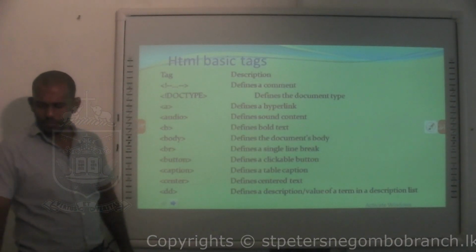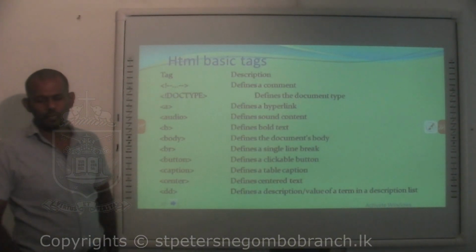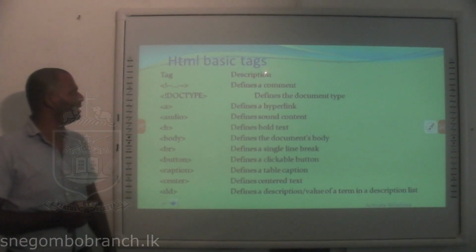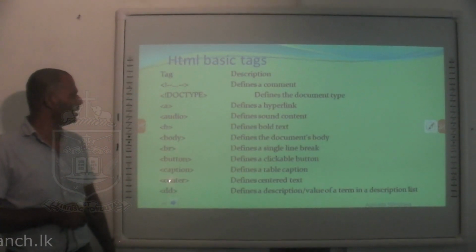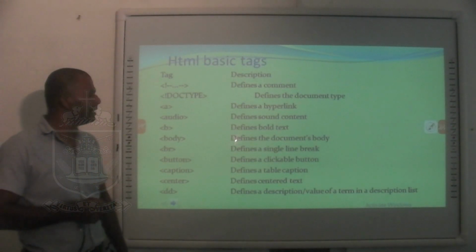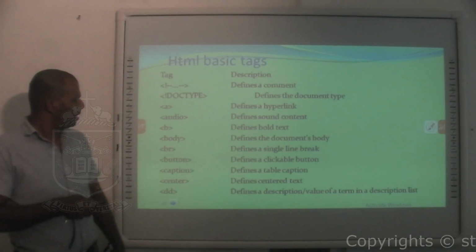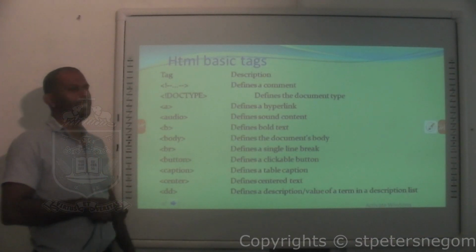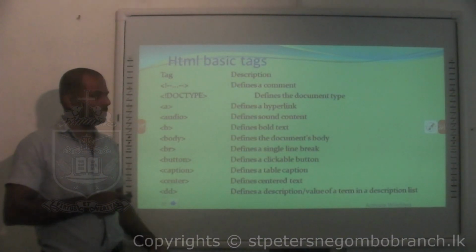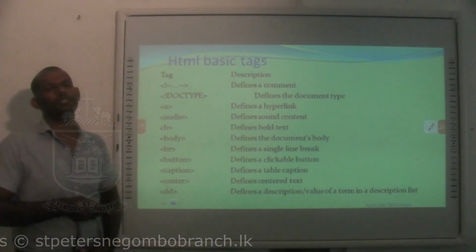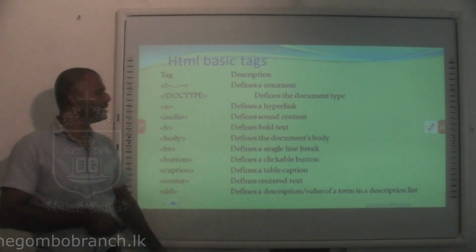Right, these are some tags you can use in your HTML document. These are the tag names and the descriptions about the tags. We will not discuss all the tags, but the most important, usually used tags we will discuss in this lesson.